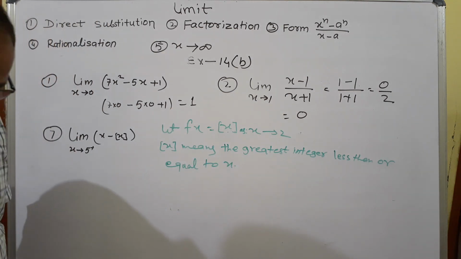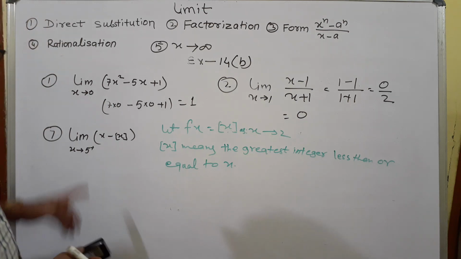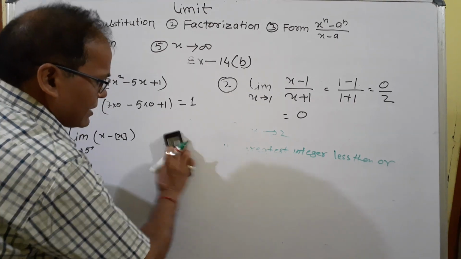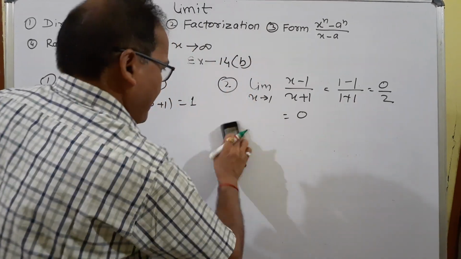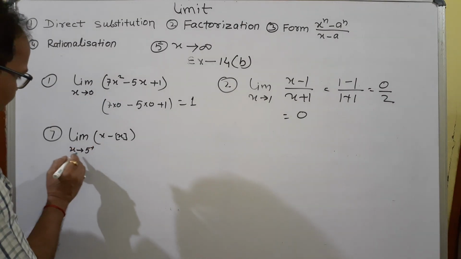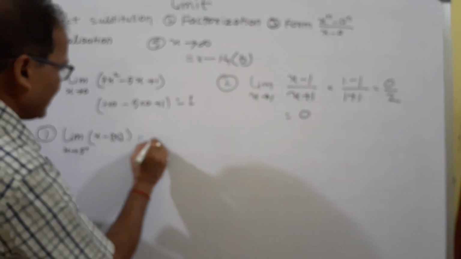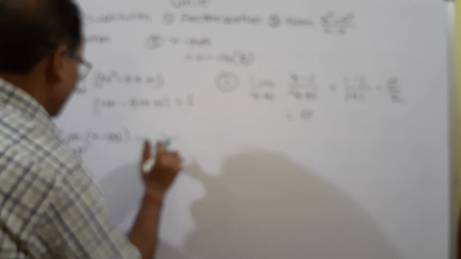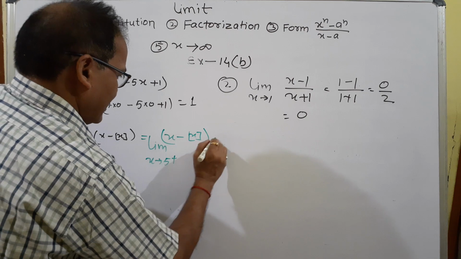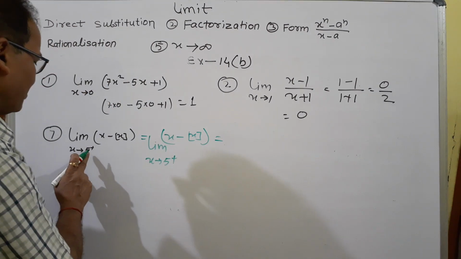Now, as per this, we will note this down. Limit x tends to 5 plus, x minus the integer part of x. The value of x we can put as 5 plus h.